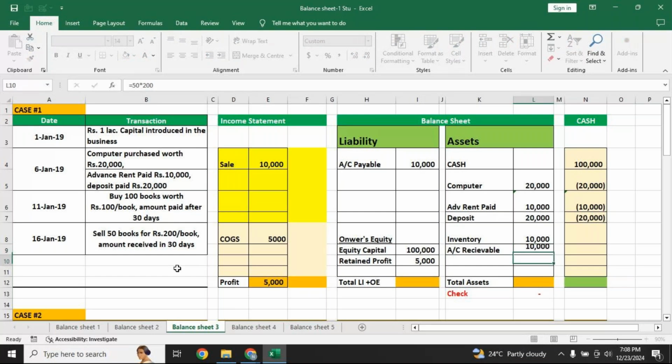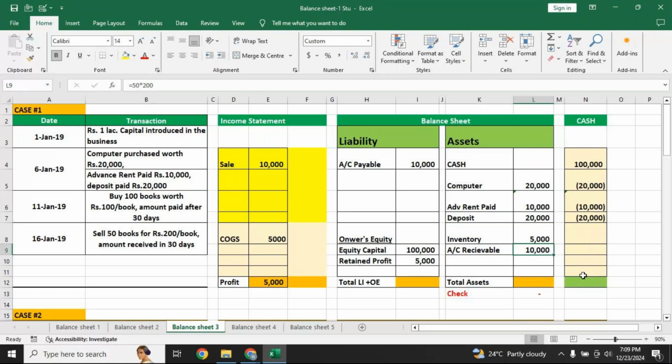So now inventory. So inventory, how I am going to apply the calculation. So I have bought 100 books, okay, at the rate of 100 per book, minus, so I have to calculate the COGS. I have sold 50 books for which I have spent 100 per book. Okay, so the remaining inventory is 5,000.